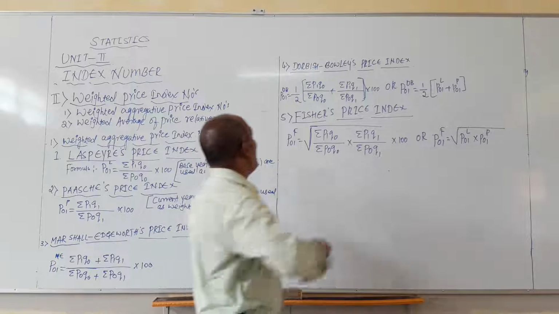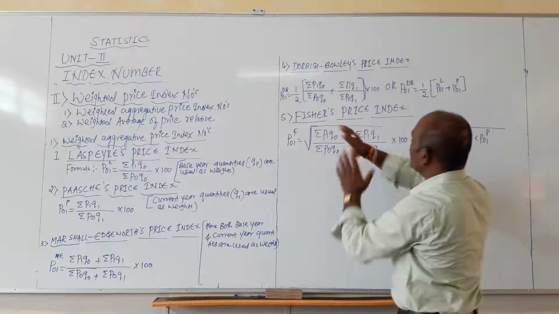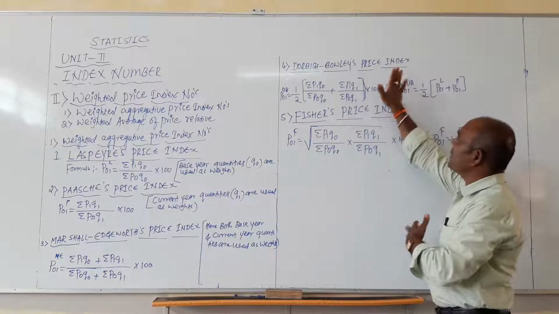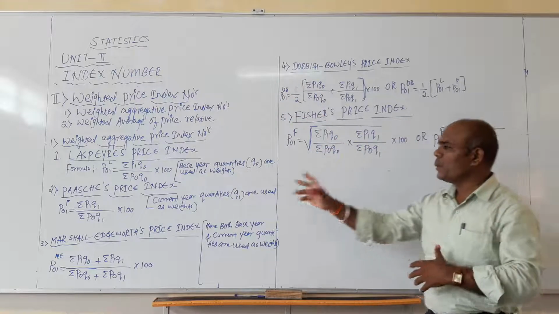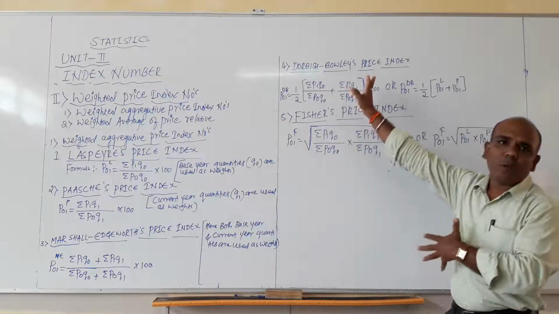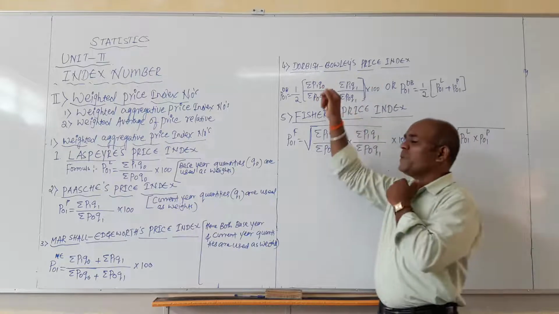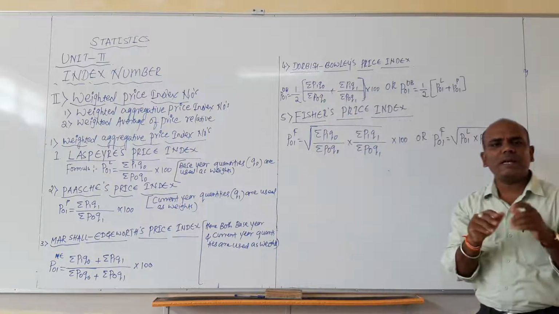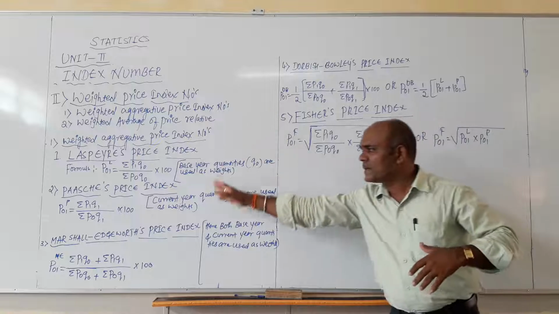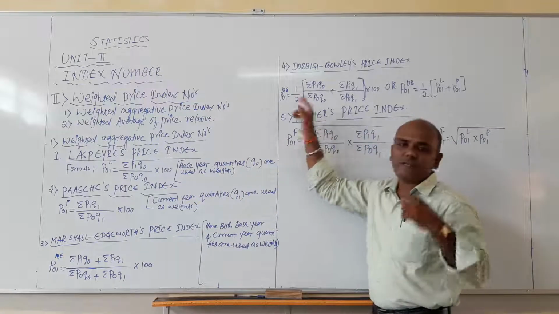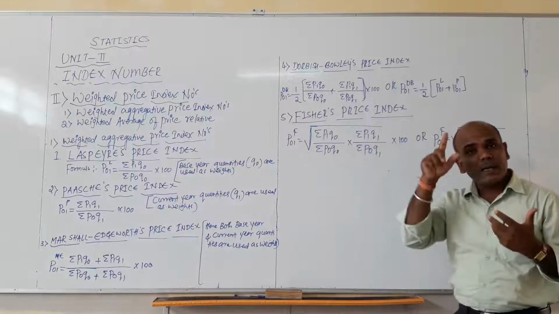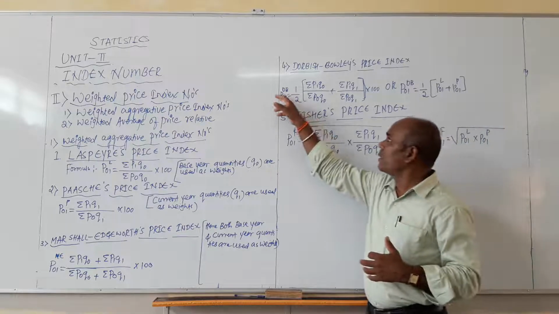Move on to the fourth one, Drobisch-Bowley price index. They can ask for 5 marks relating to Marshall-Edgeworth or Drobisch-Bowley. The Drobisch-Bowley index is totally different compared to these 3 formulas.